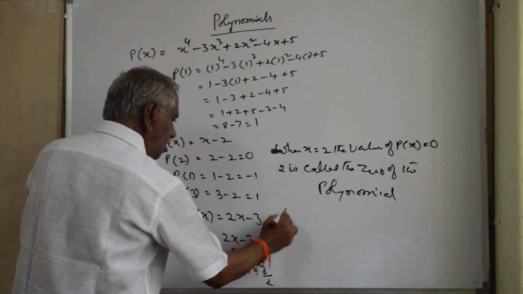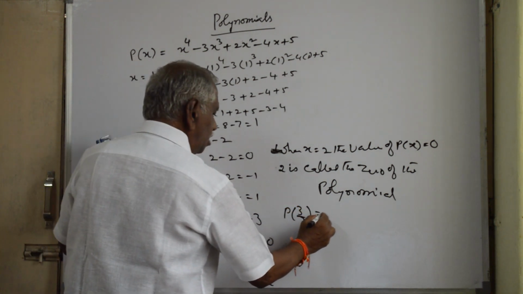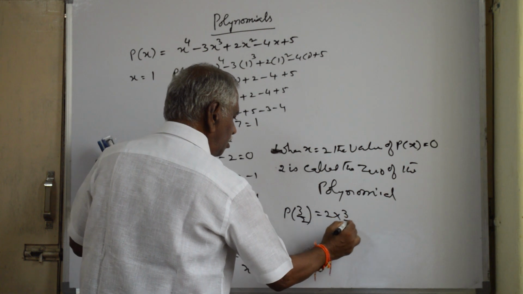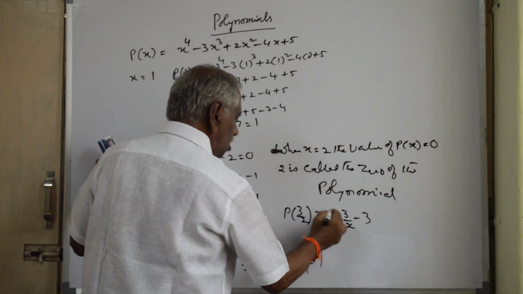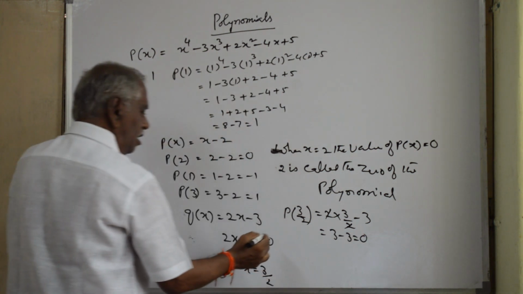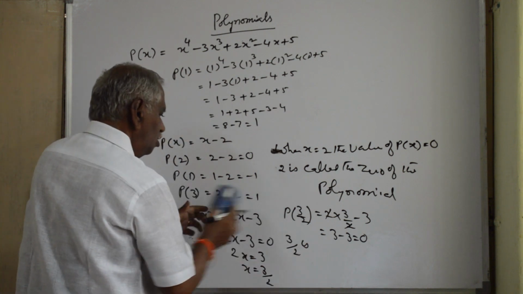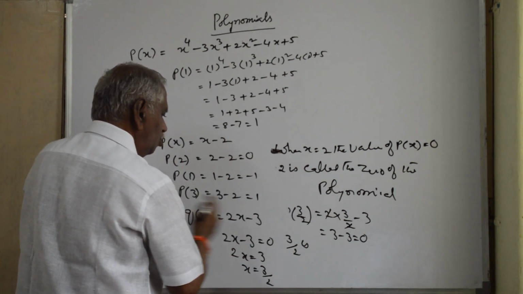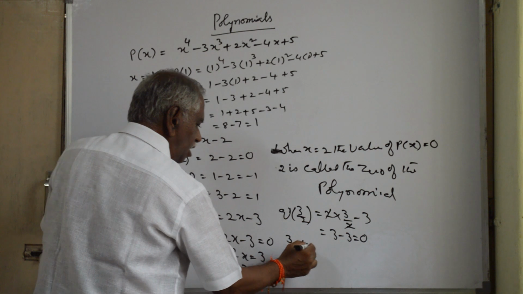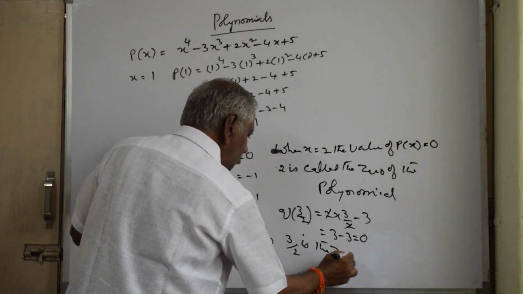That is, Q of 3 by 2 is equal to 2 into 3 by 2 minus 3. 2 gets cancelled. This is 3 minus 3 is equal to 0. Now we can say 3 by 2 is the zero of the polynomial Q(x).